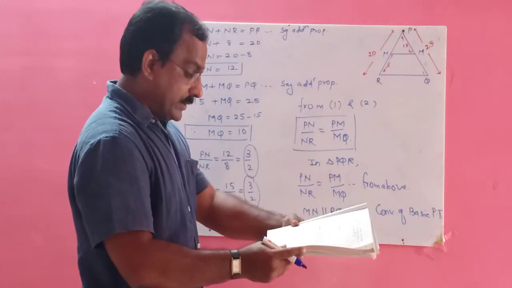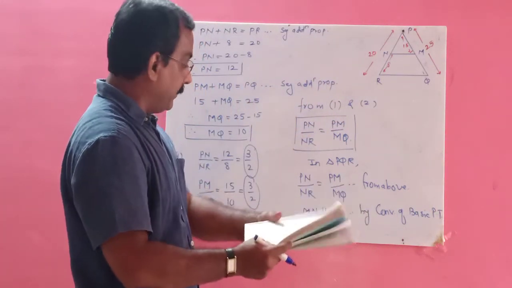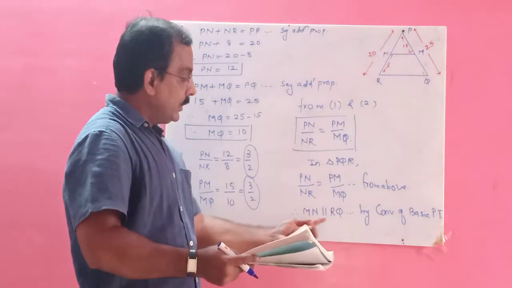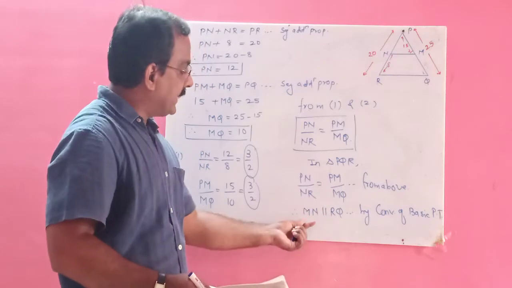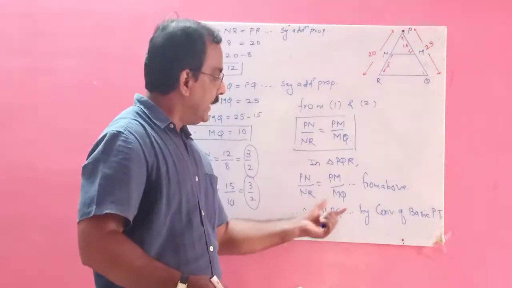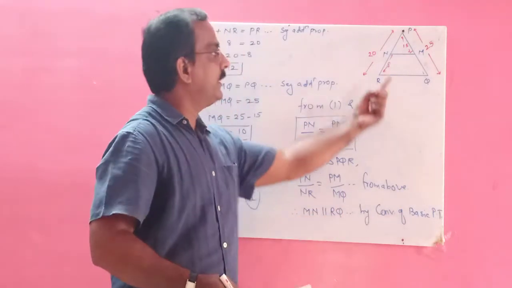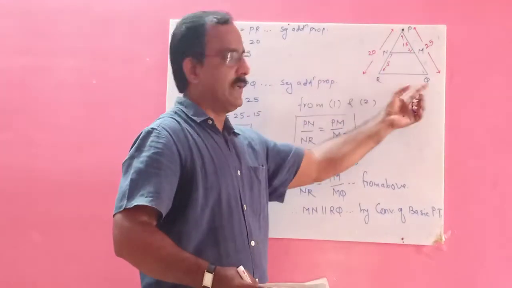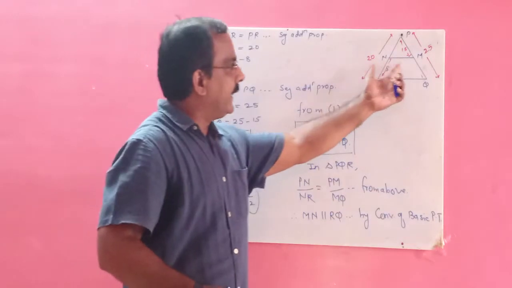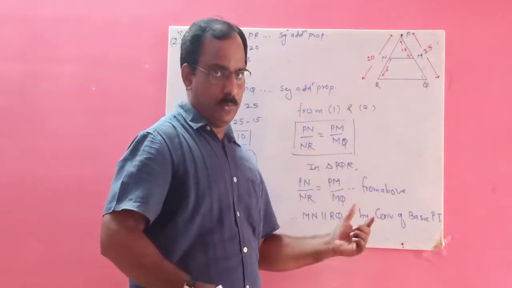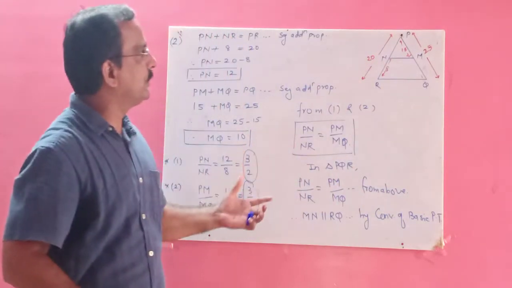So here the question is, state whether the line NM is parallel to RQ or not. State with reason. So here I have proved that MN is parallel to RQ, and this is the reason. We got here two equal ratios in a triangle. So by converse of BPT we can say that line NM is parallel to RQ. So I hope children all of you have understood this sum.